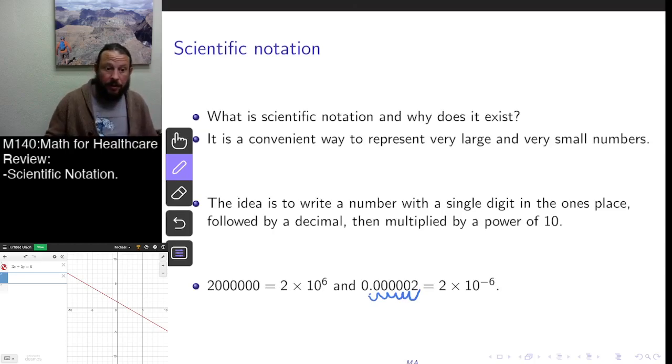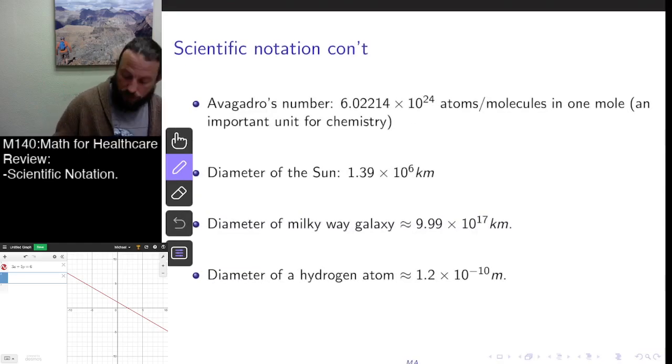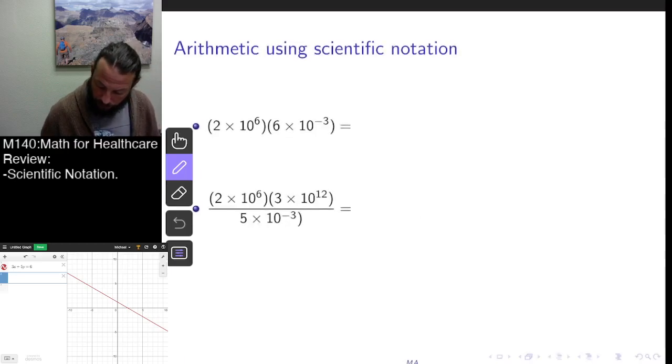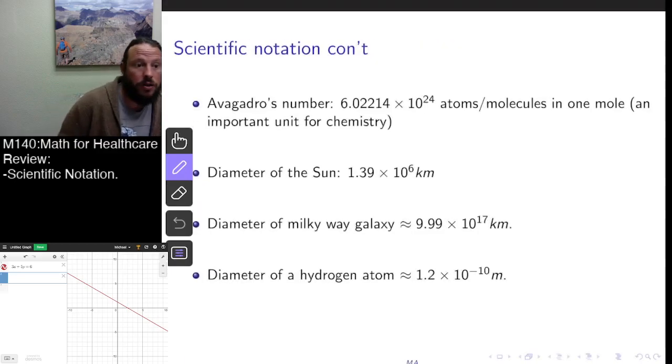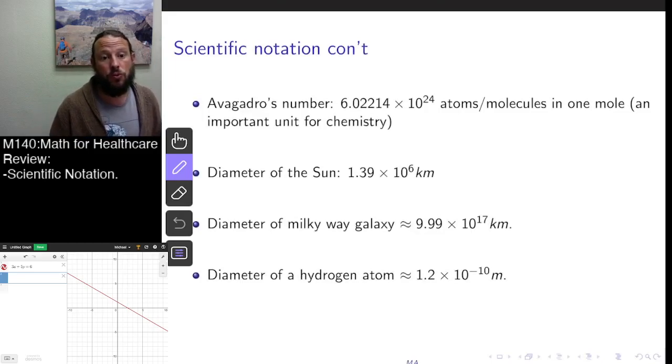All right. Now, let's see some examples here of scientific notation. We have Avogadro's number. All right, it's 6.02214 times 10 to the 24th atoms per molecule in 1 mole, an important unit for chemistry.